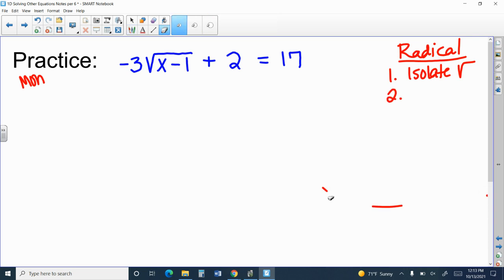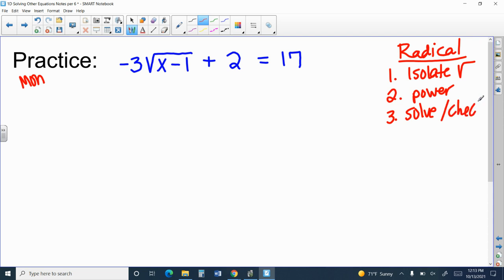This one happens to be a square root, so how am I going to get rid of a square root? Square both sides. I'm going to raise both sides to a power of 2 in this case. And then we can solve and check. Always check for extraneous. Okay, so I'm going to give you a couple minutes to try this one, and we'll go over it in a couple minutes if we need to.